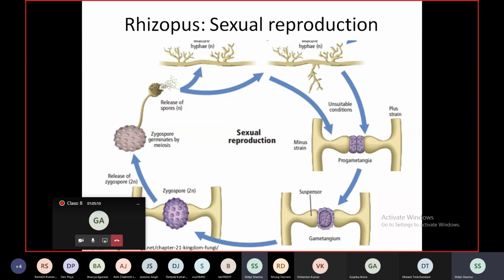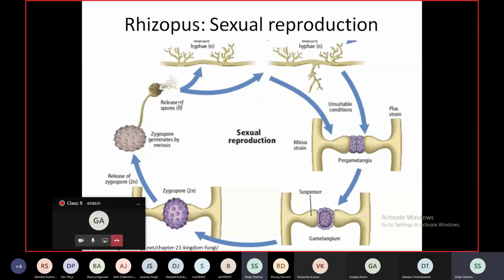And when there is favorable conditions, then you have a meiotic cell division taking place. अभी ये 2n हो चुका है, and you saw that they were n earlier, so meiotic cell division होता है, and there is a cell which forms again a kind of a sporangium wherein you have n spores released.